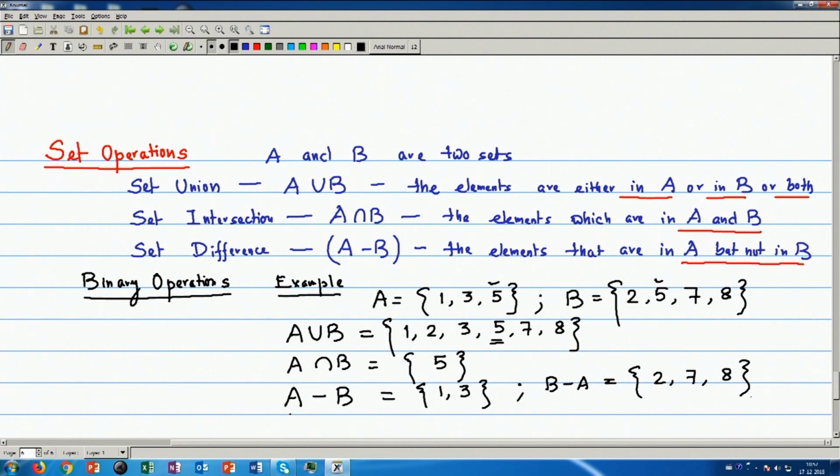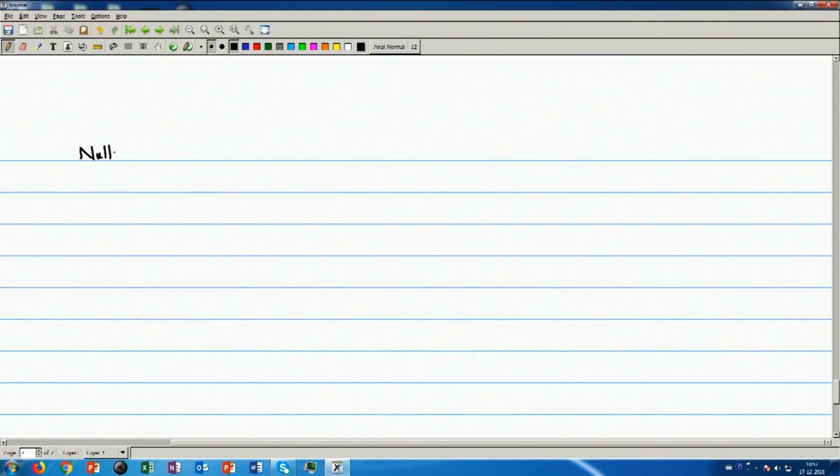Now, we have defined the null set, that means a set with no element, which we normally denote by this notation or as the empty set. So, no element in the set.